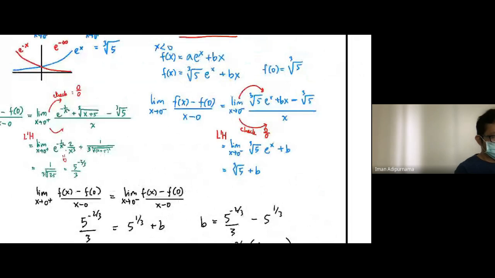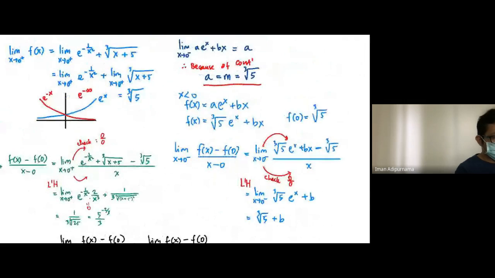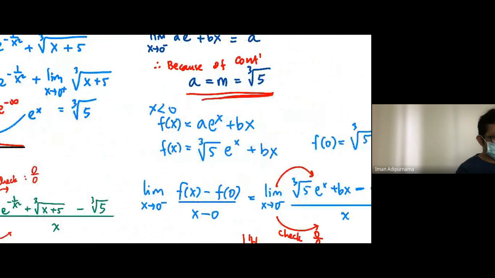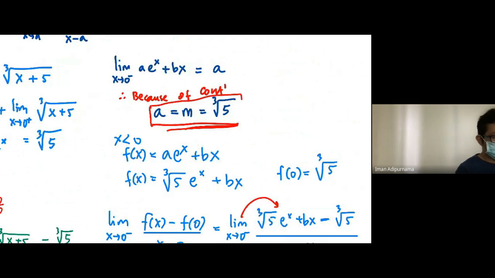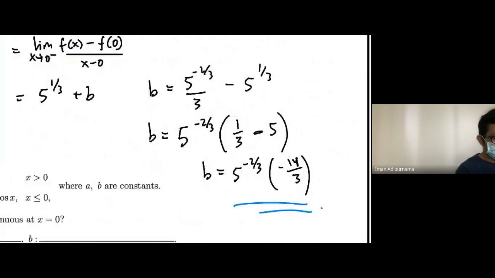So the answer is a and m is this, and then the b is this.